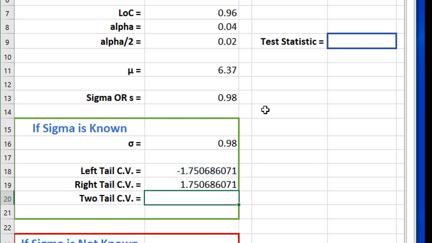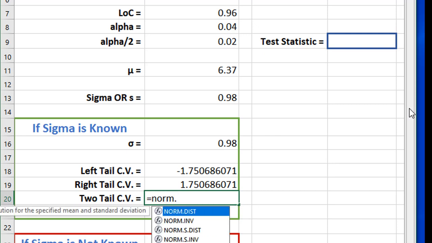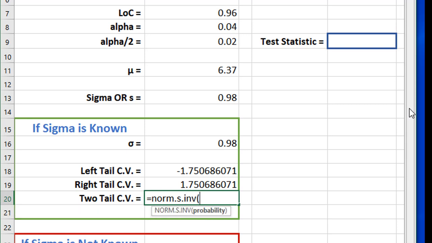For a two-tail test, we would just type in equals norm.s.inv of, and I would click on the alpha over 2 value, and this is going to give me a negative result. Don't worry too much about that negative result. It's really both negative and positive.